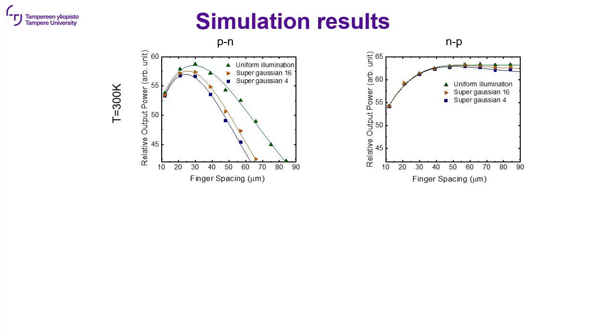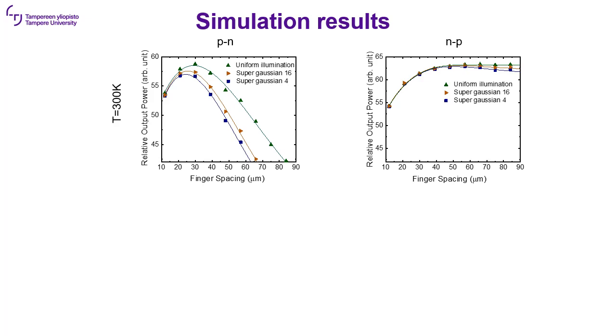Here are the results for an NP structure. As we can see, there's quite a difference between these two results. With the NP structure, as the finger spacing starts to get wider, there is no dramatic decrease in output power.